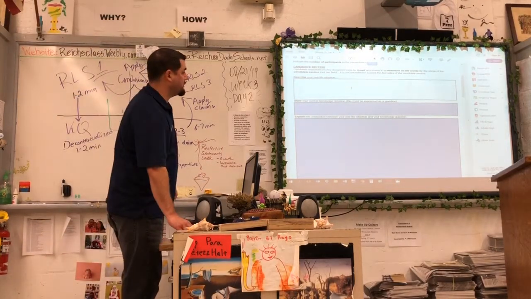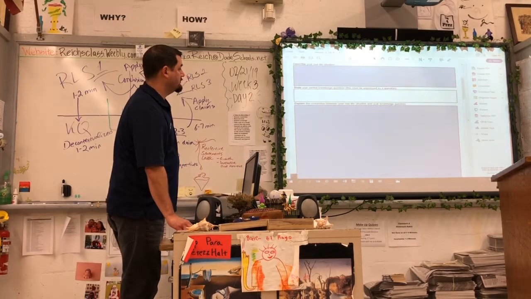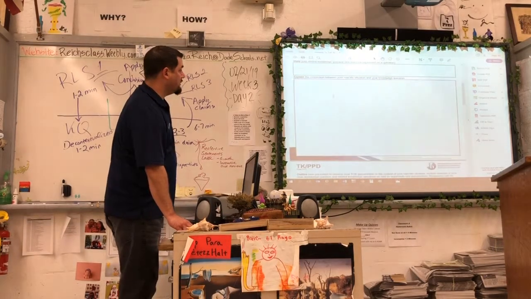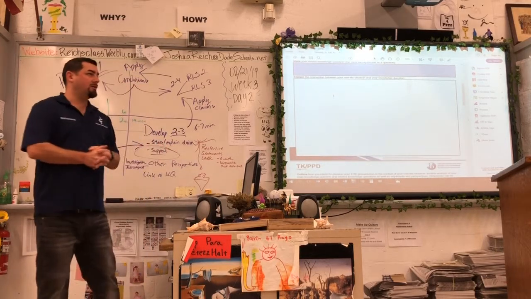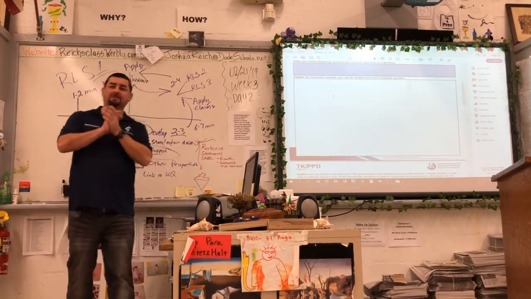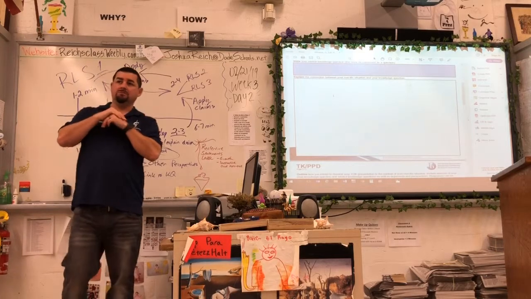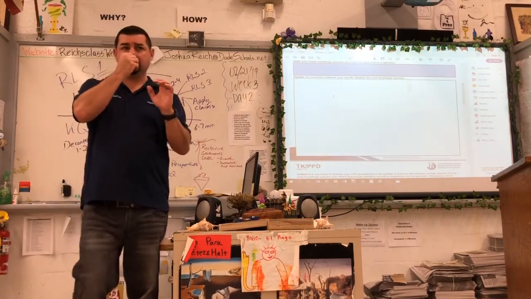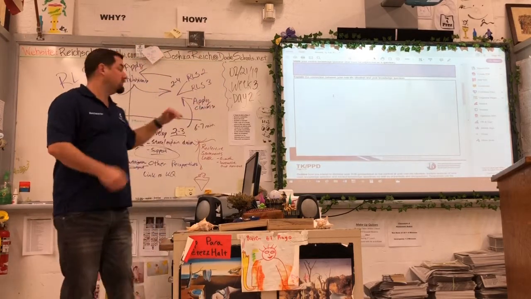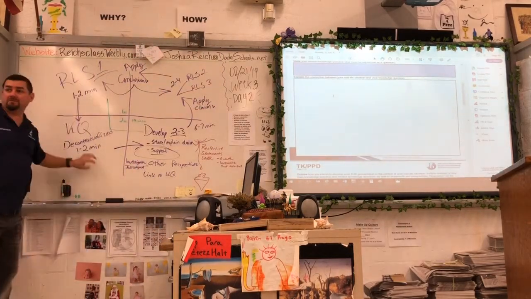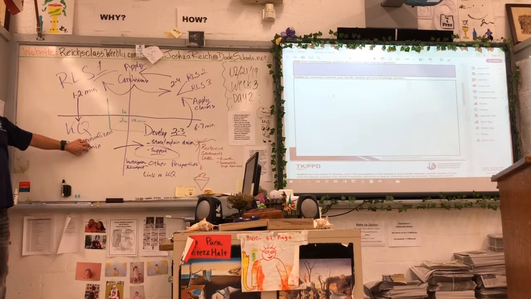Then your knowledge question. Now, explain your real life situation and the connection it has to the knowledge question. Something like a paragraph here. So these first three parts match up to this half of the TOK diagram.